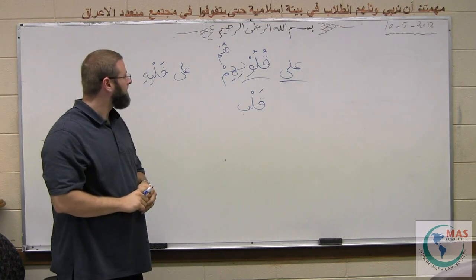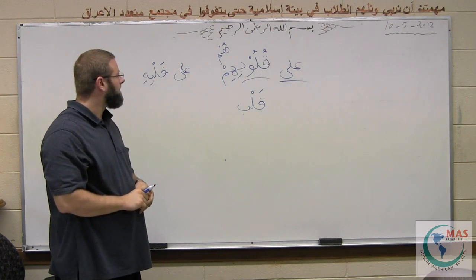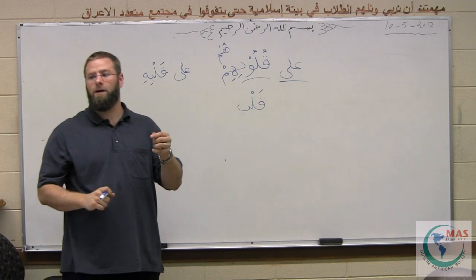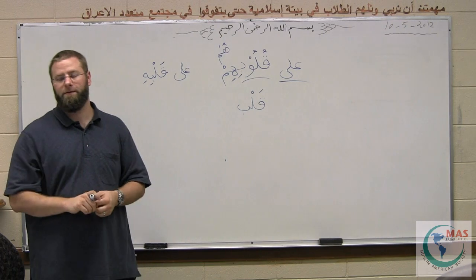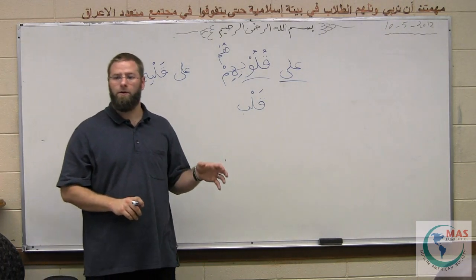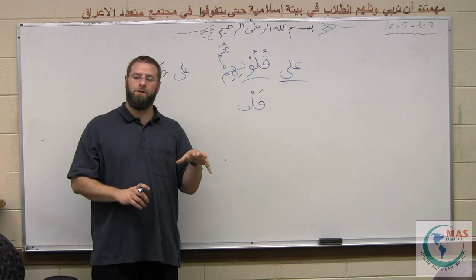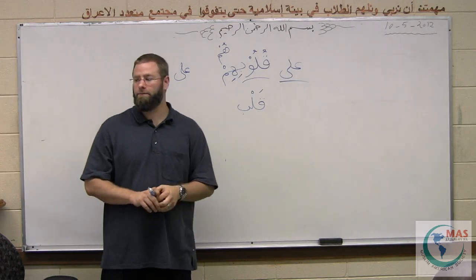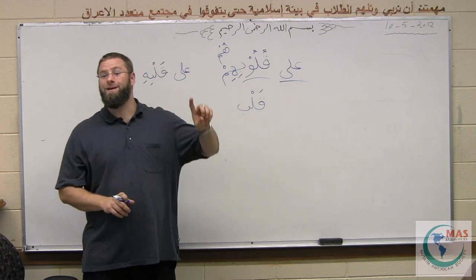So what is that used in? Ala qulubihim? Like what sentence? What verse? ختم الله على قلوبهم وعلى سمعهم وعلى أبصارهم غشاوة. Right? Everything is upon their hearts. ختم الله, God has set a seal على قلوبهم, upon their hearts. Everything is closed.